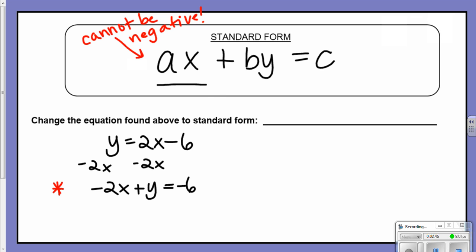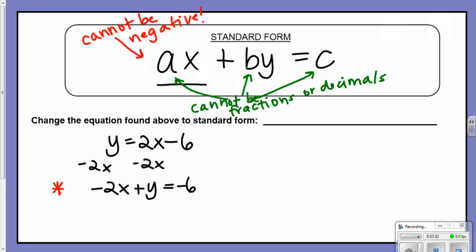There's one more set of rules. A, B, and C cannot be fractions or decimals. They have to be whole numbers or integers. Okay? Now notice that I did not say anything about B and C being negative. Those are allowed to be negative. It's just A, that leading coefficient.